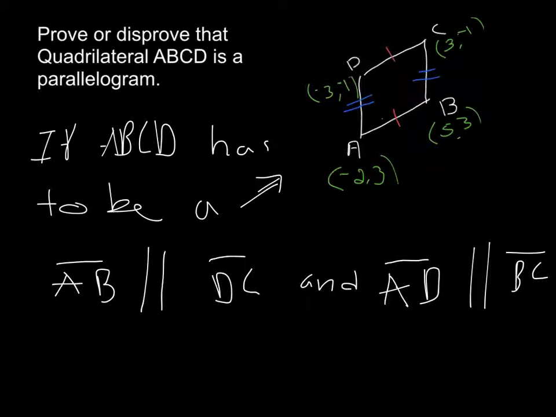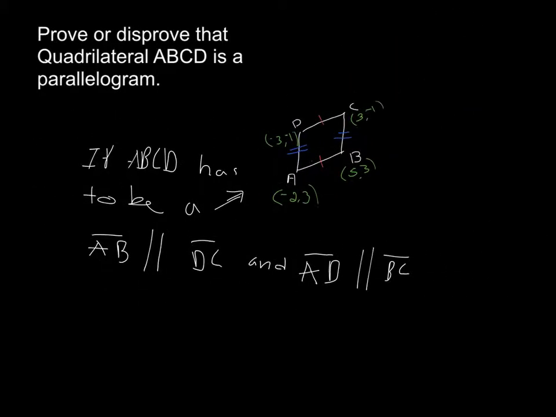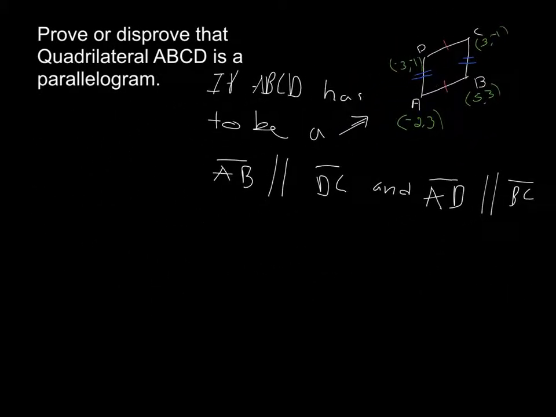Remember, this is not the actual answer. This is just what we think to prove that it is a parallelogram. So right now, let me just make this all a little smaller. We know that if the slopes of two lines are equal, then the lines are parallel.